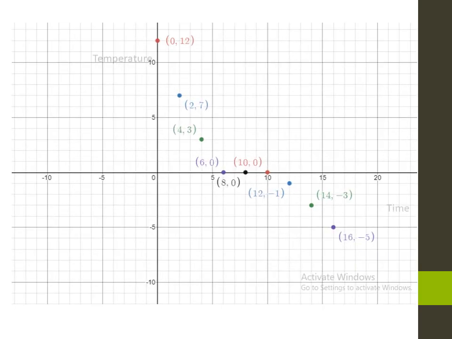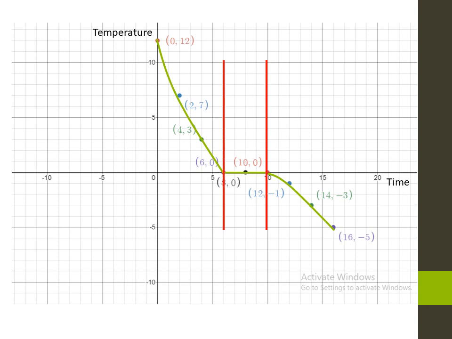This graph shows the variation of temperature in degrees Celsius as a function of time, using the values given in the previous table. As you can see, between 0 minutes and 6 minutes, temperature decreases to reach a value of 0 degrees Celsius. Between 0 and 6 minutes, water exists in the liquid state.